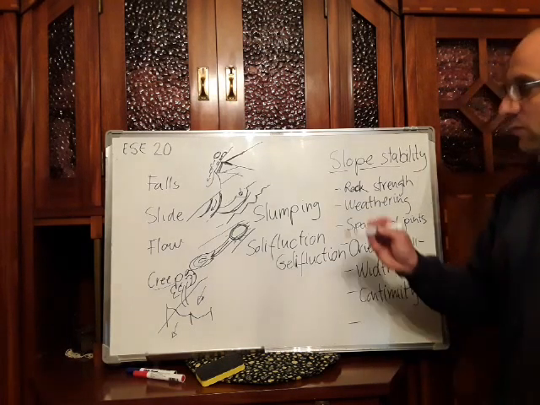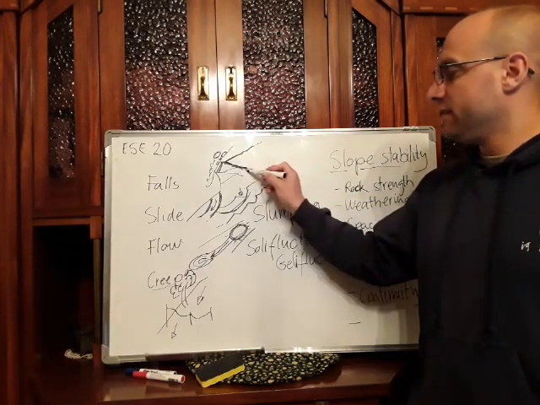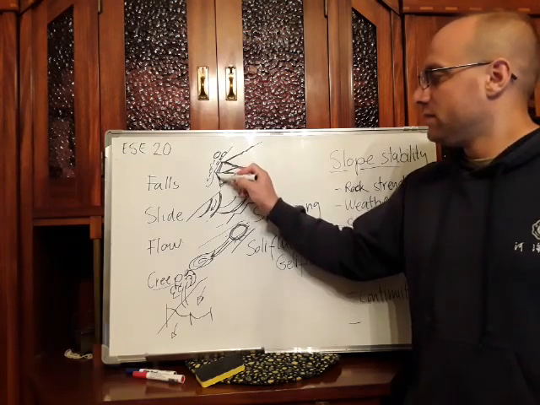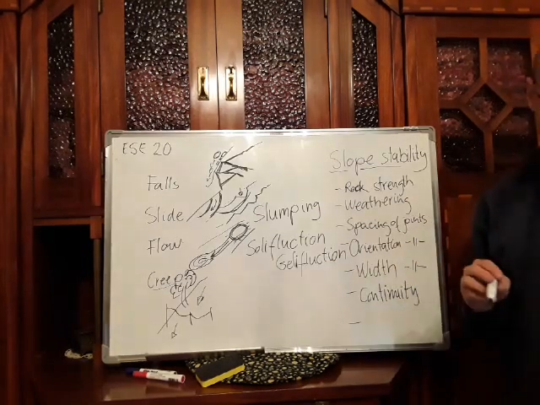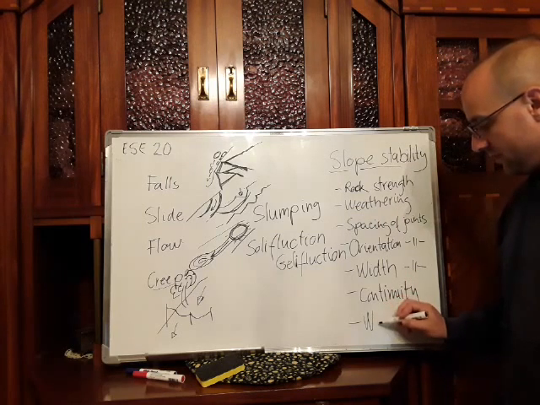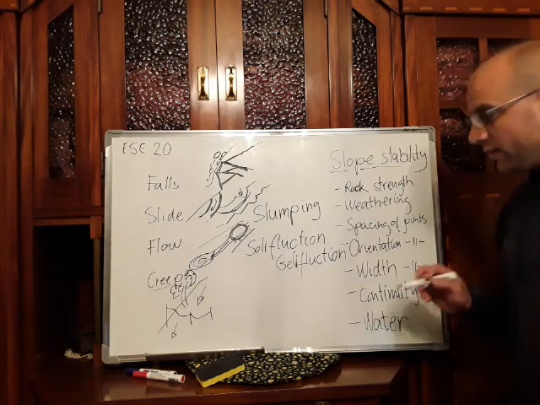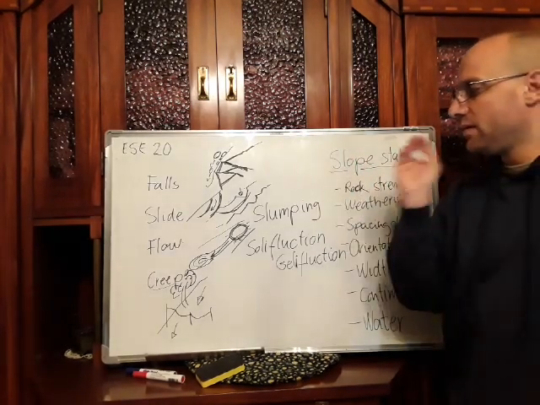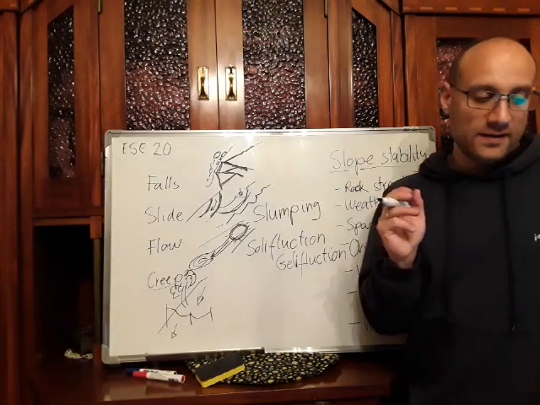And finally, we need to think about whether water is actually filling these joints. So to what extent water is included in this whole equation, it's very important. If it's wet, it will be more prone to slope failure, to become a material that is involved in mass movement.